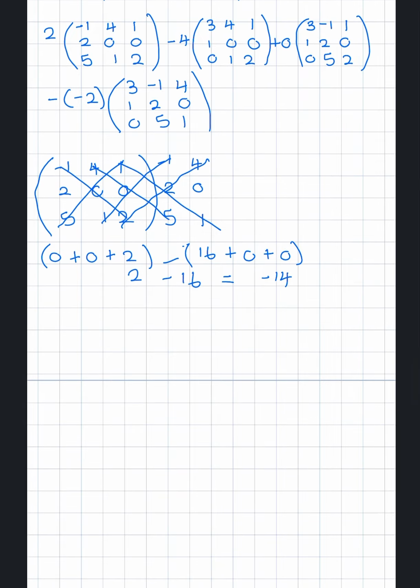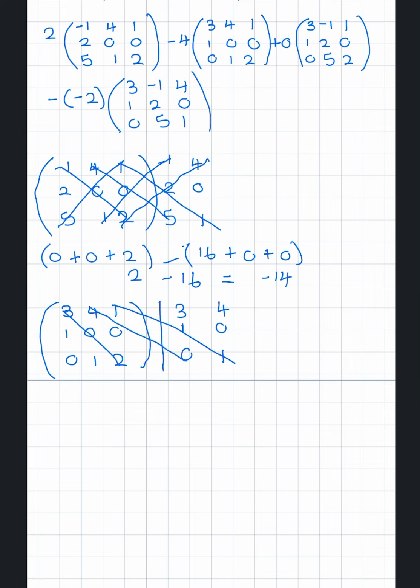Right, let's go to the next one. The next one is 3, 4, 1, 1, 0, 0, and 0, 1, 2. We'll find the determinant using the same rule: 3, 1, 0, 4, 0, 1. We're cancelling out the major diagonals. So 3 times 0 times 2 is 0, plus 4 times 0 times 0 is 0, plus 1 times 1 times 1 is 1.